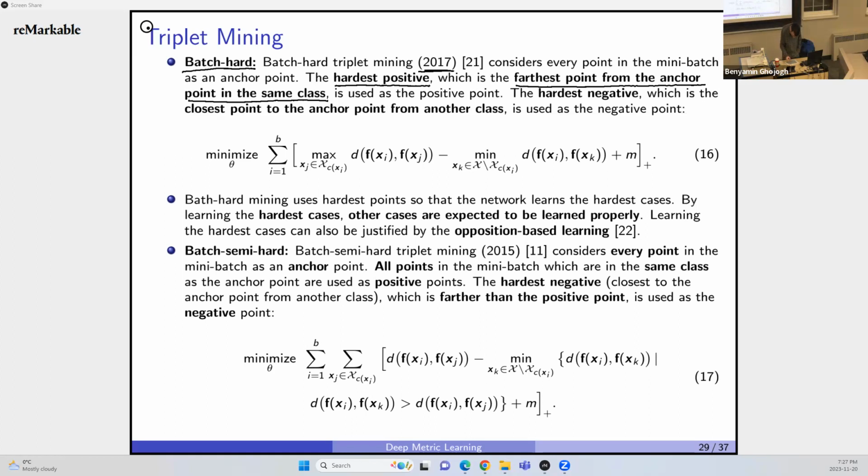So the hardest negative is the closest point to the anchor from another class, right? In other words, we use a triplet loss, but as you see, there is a summation over the batch or over the anchors. For positive, I choose the hardest positive, maximum distance, right? And for the negative, I choose the hardest negative, minimum distance, right?